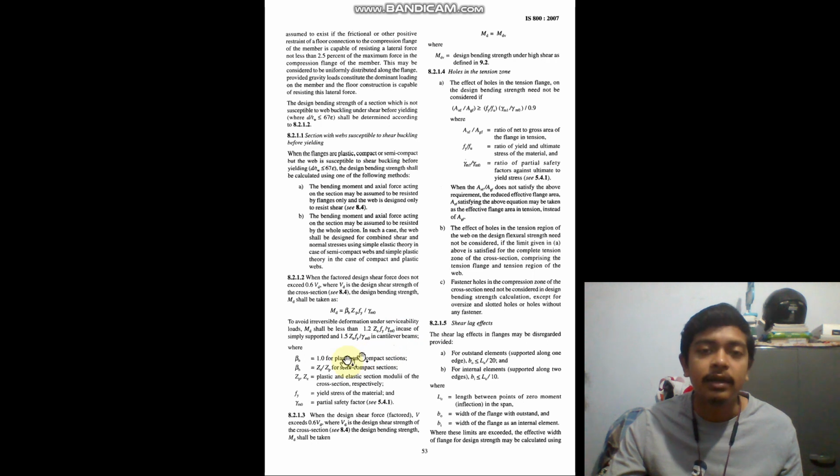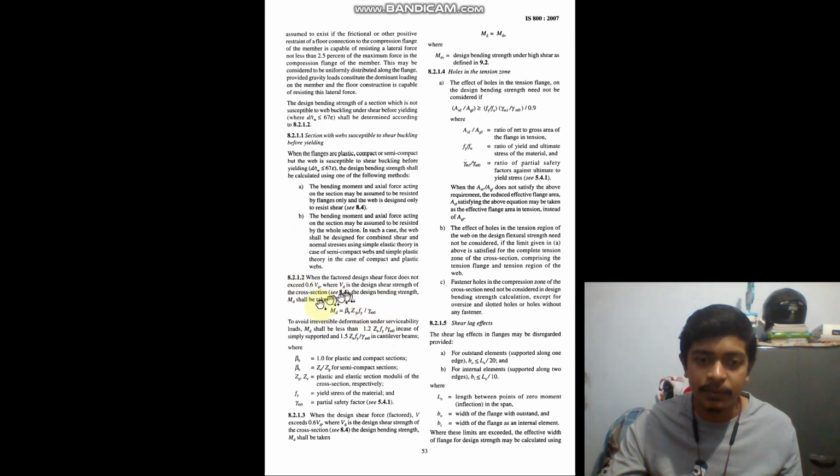And why is that? It's to make sure that under the working load conditions, the beam does not go into yielding, right? So this clause is applied here. Okay. There is also a case of high shear, low shear. In case of high shear, we have to use a different formula as well. That we will come to in a later video.